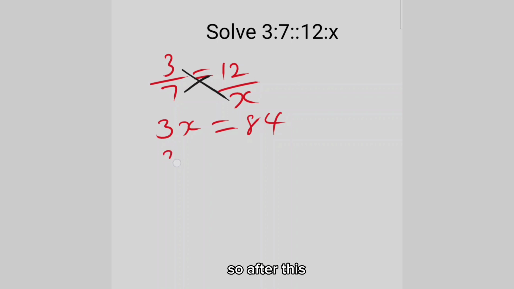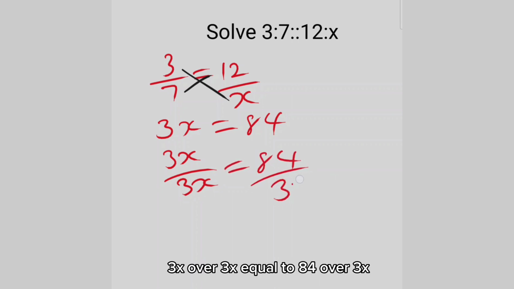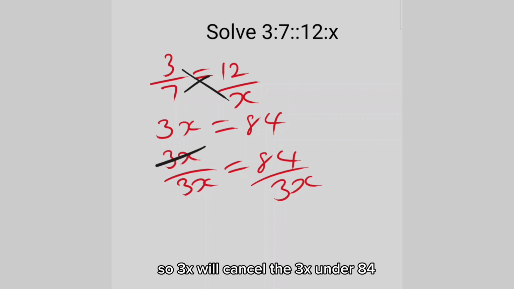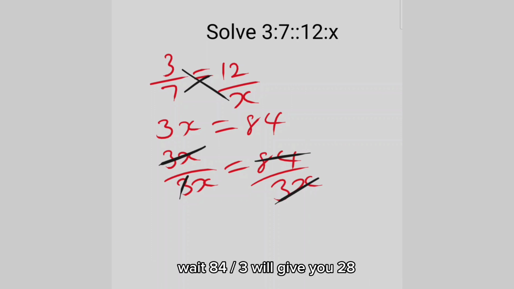Then you divide both sides by 3. 3x over 3 equal to 84 over 3. 84 divided by 3 will give you 28.